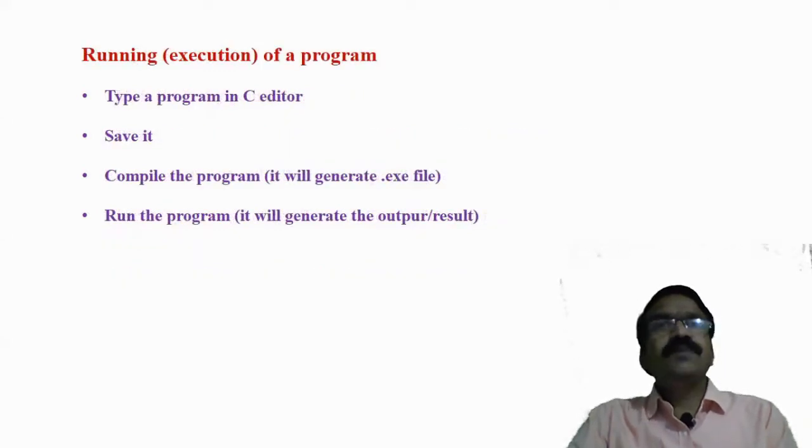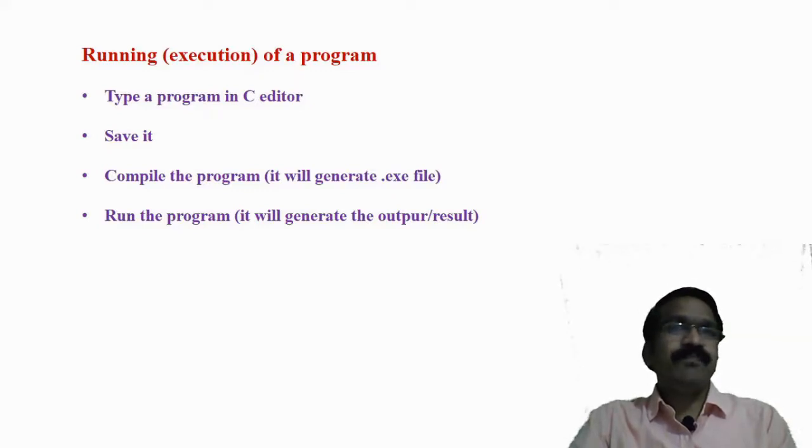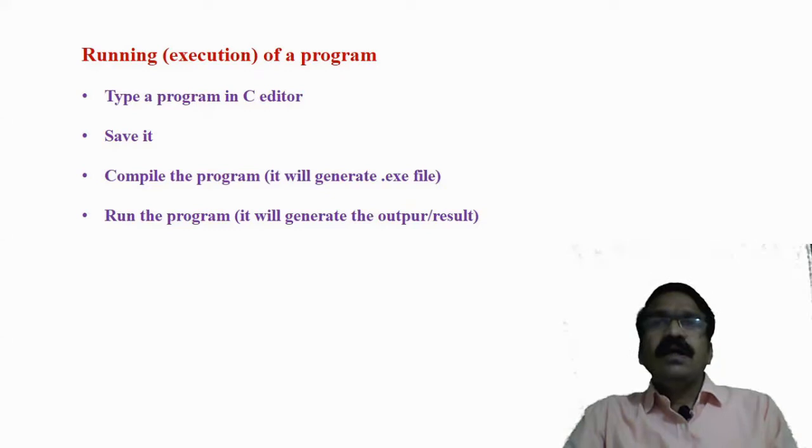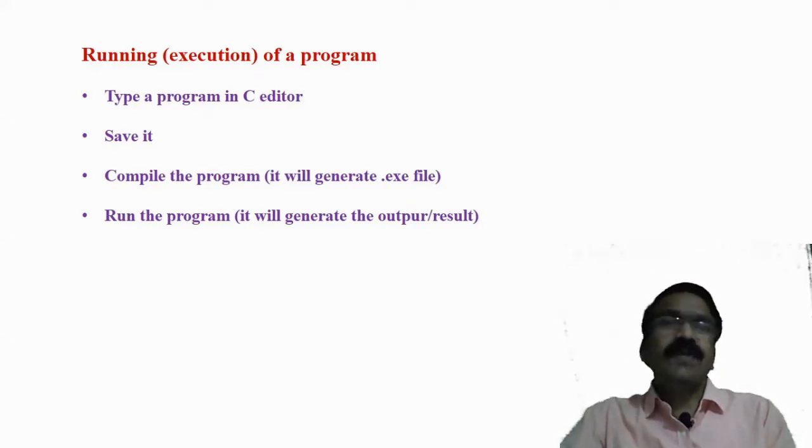Then how do we write the program, and how can we execute or run it? As stated in the last topic, we have seen how a C program is typed, and what the editor for a C program is.